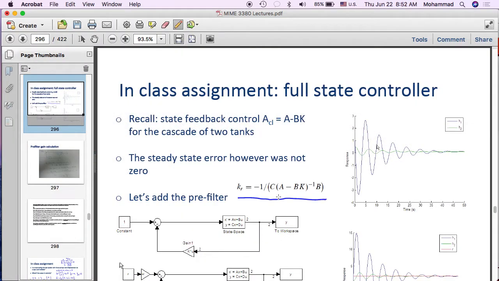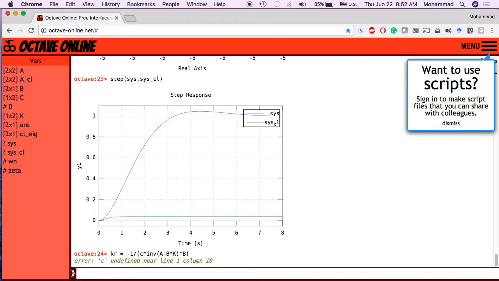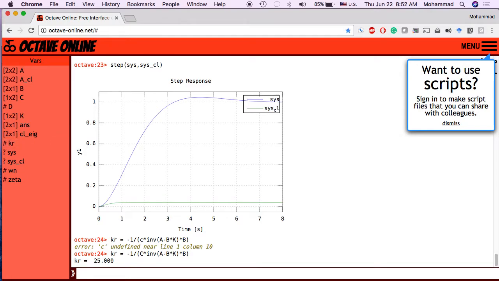So it's -1 over C times A minus BK inverse times B. So this means inverse of matrix A minus BK. So C times inverse of A minus B times K times B. Oh, what did I do? Oh, C is capital, so I typed the lowercase c. So Kr is 25.